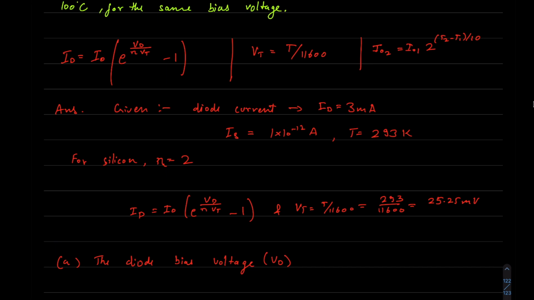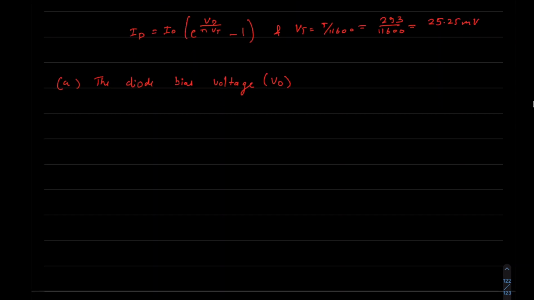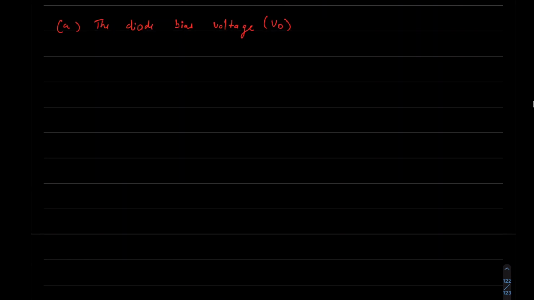So we have everything in this equation. We just have to find this single variable. So what you do is you bring I naught here, then you add plus 1, and then you take log and then multiply by eta Vt, and you'll get Vd. I'll show it right here.